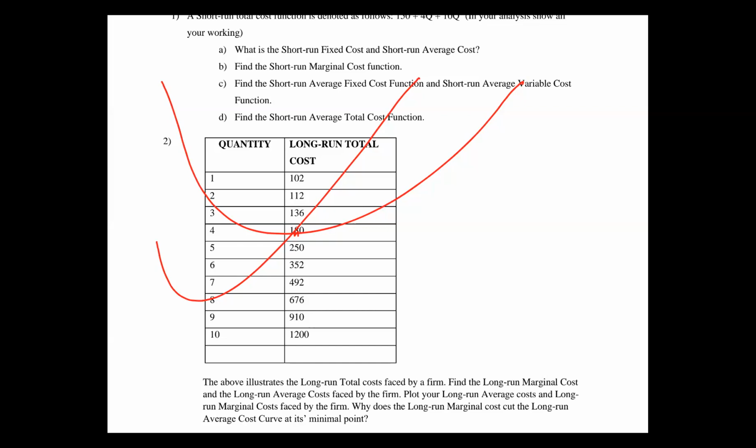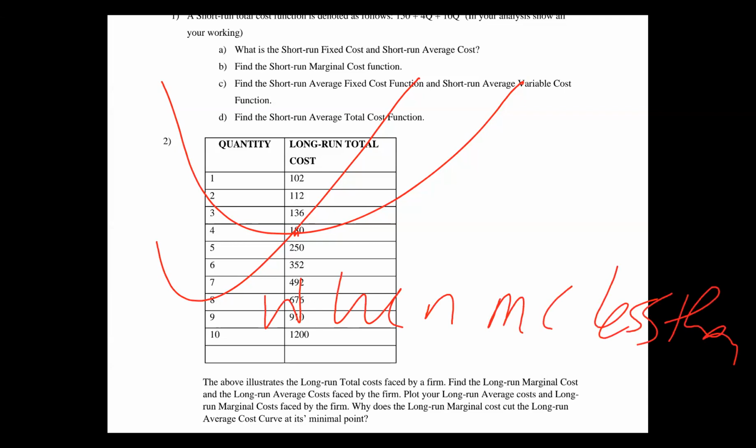I am saying that when the marginal cost is less than the average cost, the average cost is decreasing. As long as the marginal cost is less than the average cost, the average cost will decrease with the increase in the level of output.